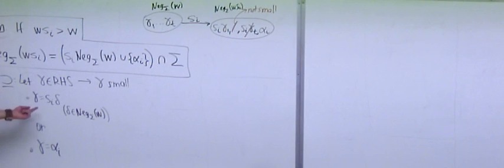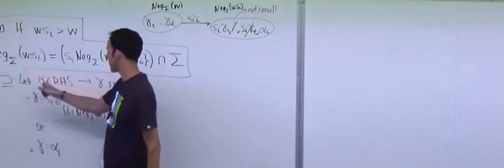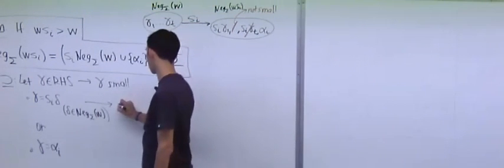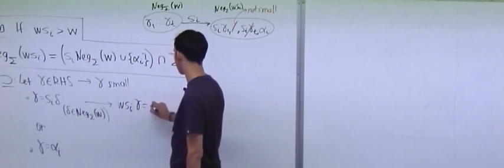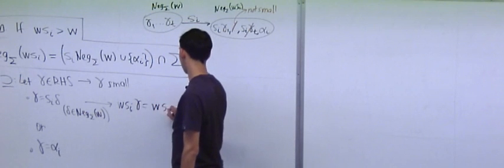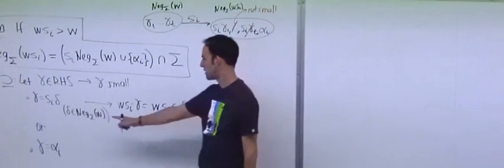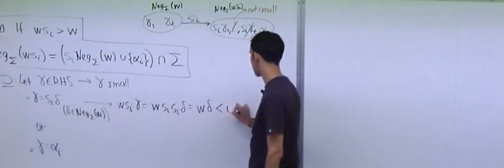And so in each one of these cases, I have to prove that gamma is on this side. And the way of proving that is I just make sure that WSi sends this gamma to something negative. So I just compute. What is WSi times gamma? Well, in this case, it's W Si delta, which is W delta, right? And delta is made negative by W. So that means that this is negative. So that's correct.